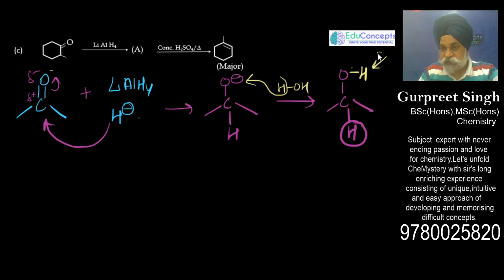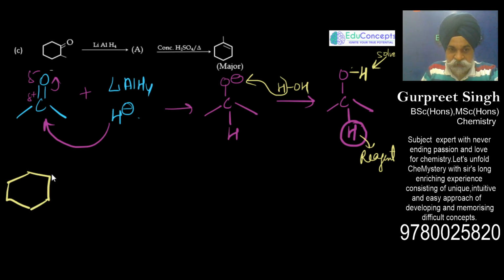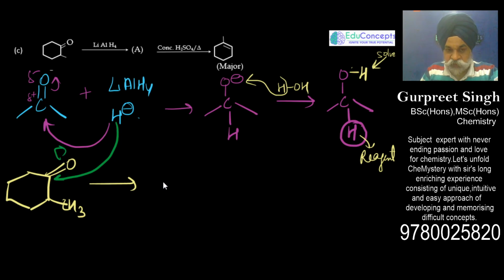So this came from the solvent, and this comes from the reagent. That reagent is lithium aluminum hydride. So what basically we are going to do in this particular problem, you are being treated with this particular compound, and this is being treated with lithium aluminum hydride. So H negative is of course going to attack it. This goes here, followed by the addition of water. So you would end up getting alcohol.